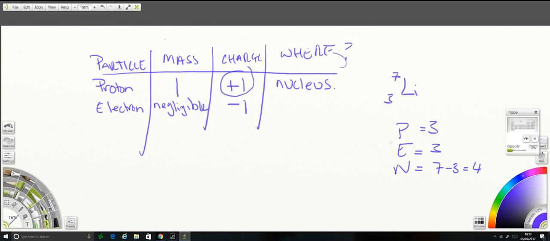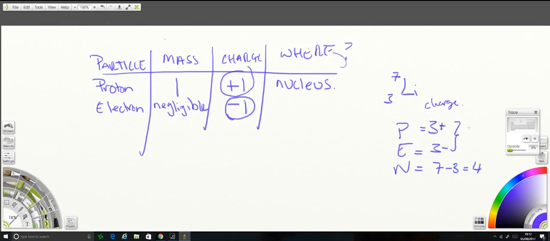Now how many protons are there? There's 3. The proton has a positive charge, so that's going to be 3 plus. So if we're looking at charge, we're going away from numbers and we're looking at charge here. So this is now charge. So it's got 3 plus, and each electron has a charge of -1. So this is going to be -3. So what's +3 take away 3?